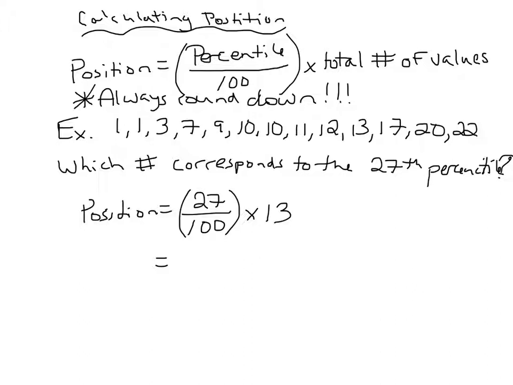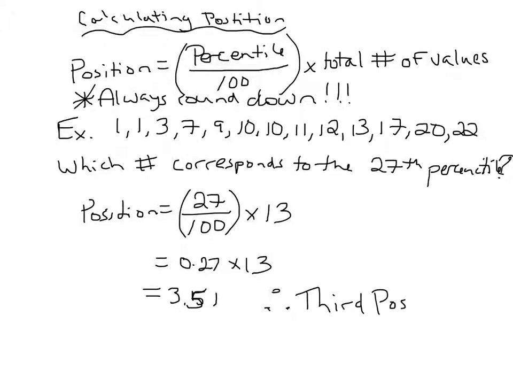So if we do this, 27 divided by 100 is 0.27, times 13, which equals 3.51. So therefore, it's the third position.